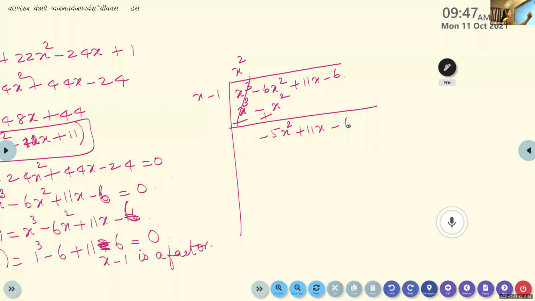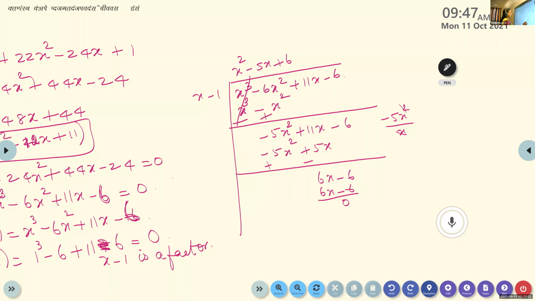Then how will you find the next term? Minus 5x square by x, so you'll get minus 5x. When you multiply this, it is minus 5x square plus 5x. Again we subtract, so you'll get 6x minus 6. Again, if you take plus 6, it is 6x minus 6, which is 0. Now this is the second degree polynomial.